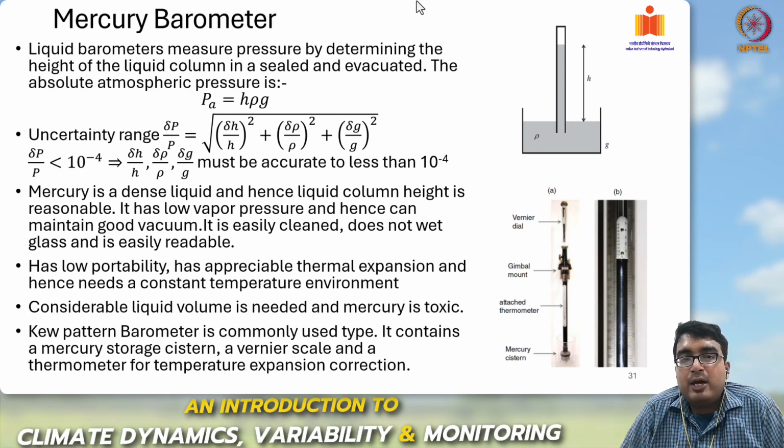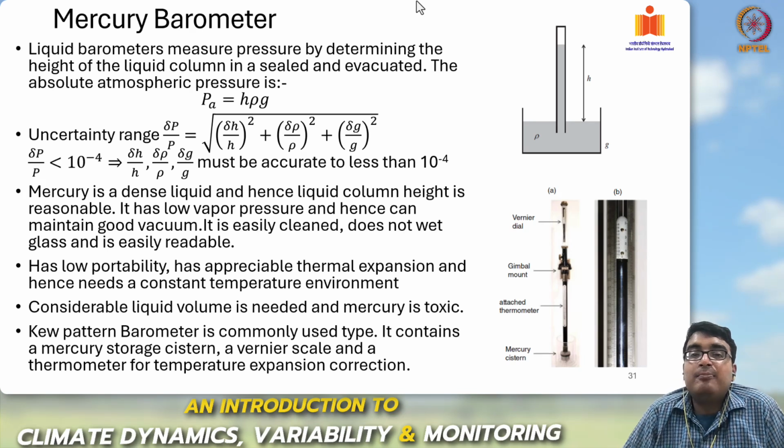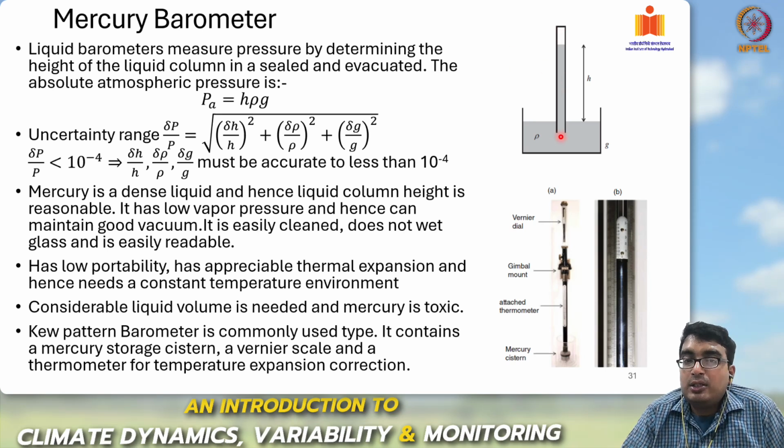A mercury barometer is a liquid barometer that measures pressure by determining the height of the liquid column in a sealed and evacuated tube. So we have here, as you can see, a sealed and evacuated tube which is dipped inside a container containing the liquid of choice, usually mercury.